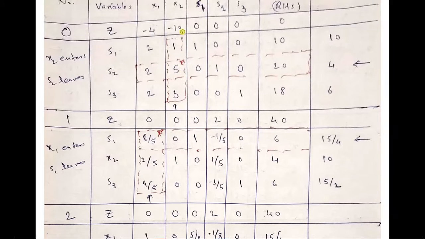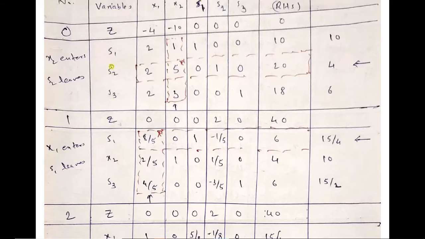Then minus 10 plus 10 into x2, that is 0. Then 0 plus 0, so 0. 0 plus 1 by 5 into 10, that is 2. 0 plus 0, it is 0. And here 0 plus 10 into 4, that is 40.